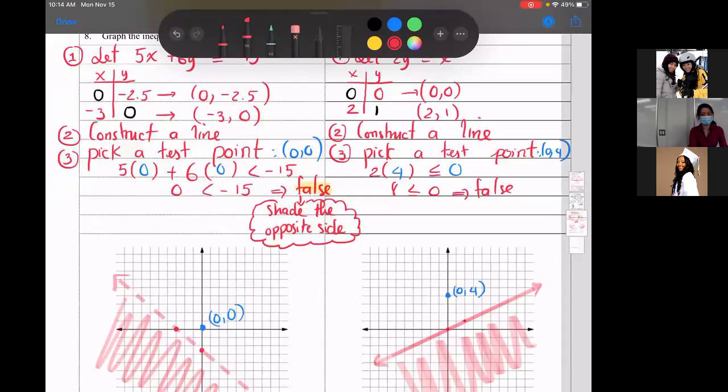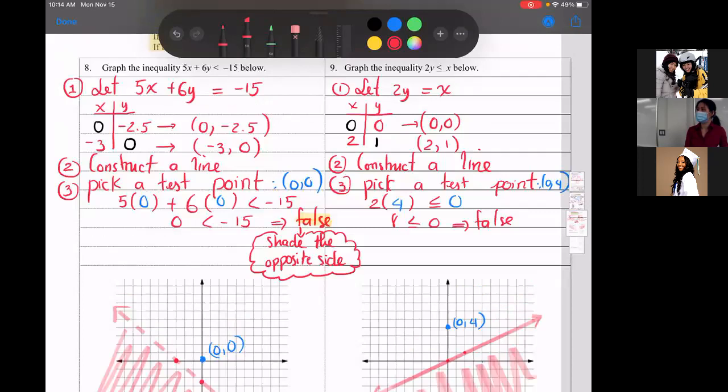I'm going to give you a minute to copy that down. Do you feel okay with this kind of problem? These are the problems you will see on the exam, maybe just 1 or 2.